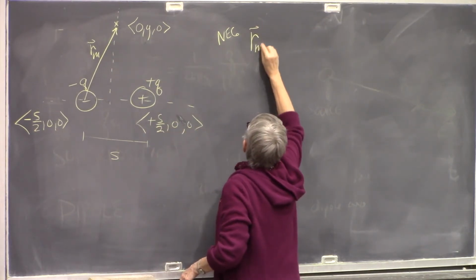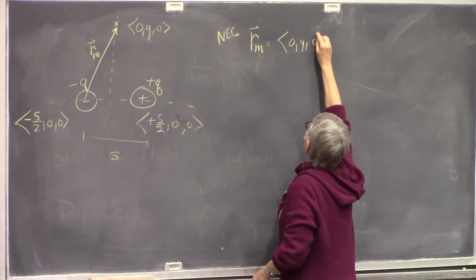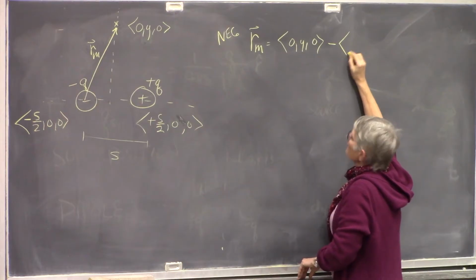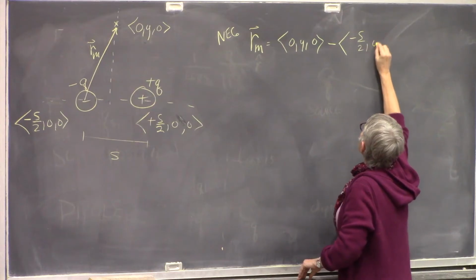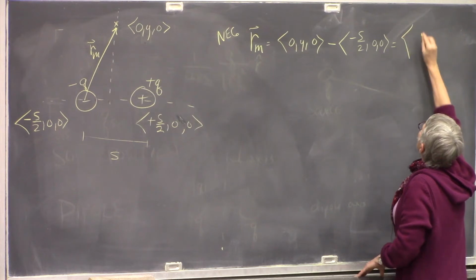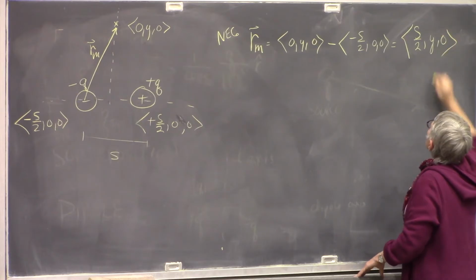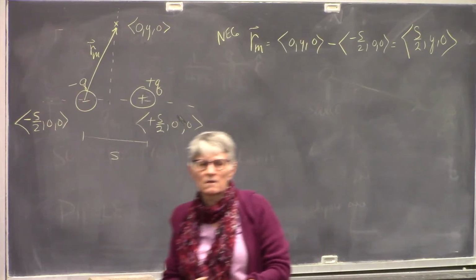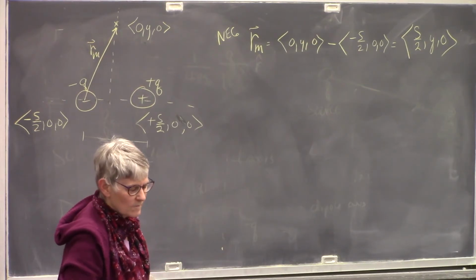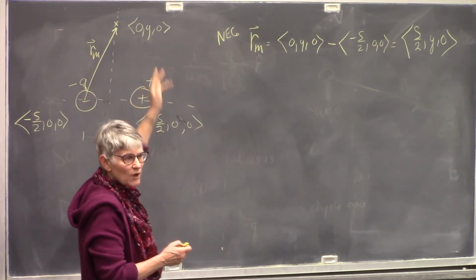So r minus is just the observation location 0, y, 0 minus the source location, which is negative s over 2, 0, 0. And so we get an s over 2, y, 0. I don't think we've made any mistakes so far. And that makes sense because the x component's positive and the y component's positive, right?